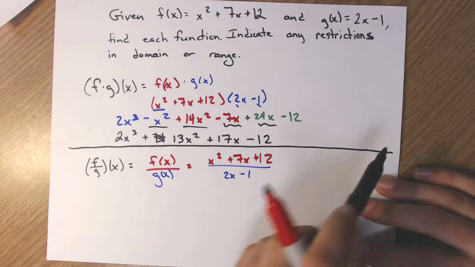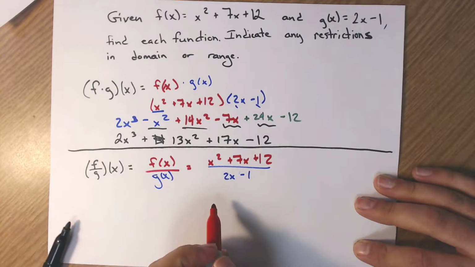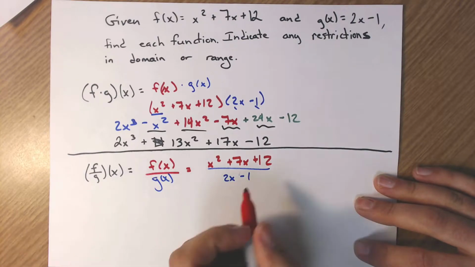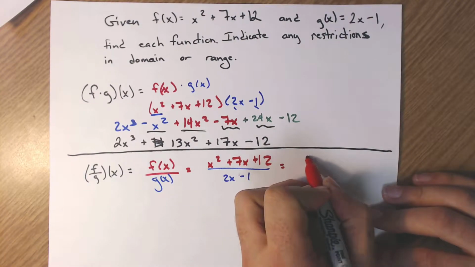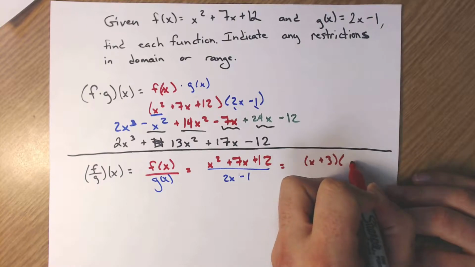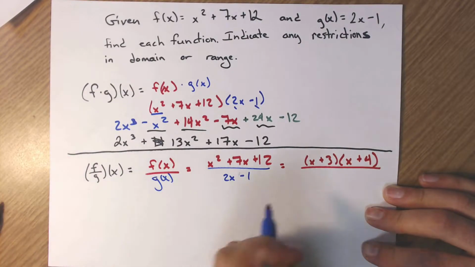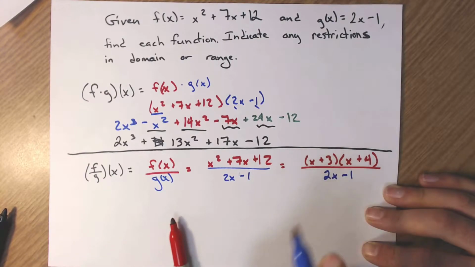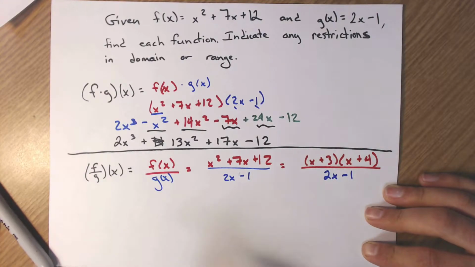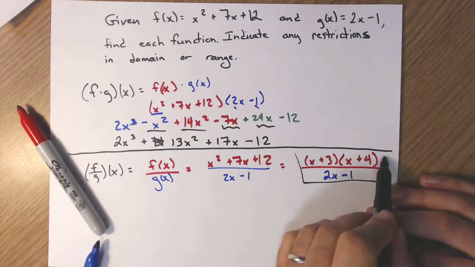So I want to factor my numerator if I can help it. And this one does factor. It factors to x plus 3, x plus 4. And then my denominator is still the same, 2x minus 1. It doesn't factor any. Since nothing on top and bottom cancels, I know it doesn't simplify any further. So that is my final answer.